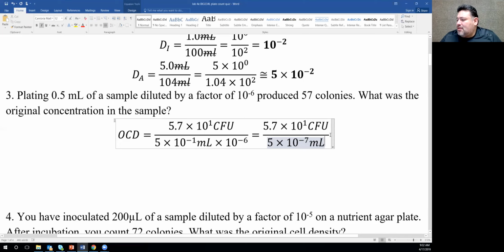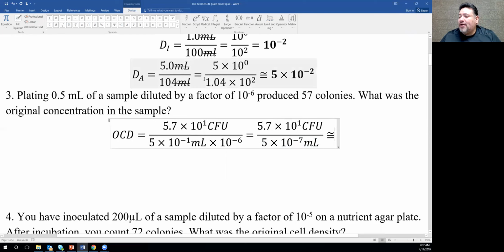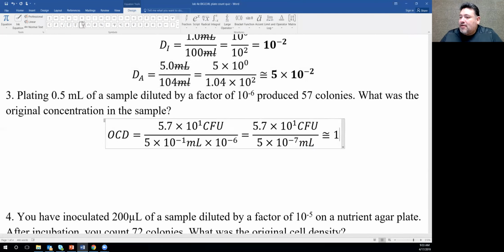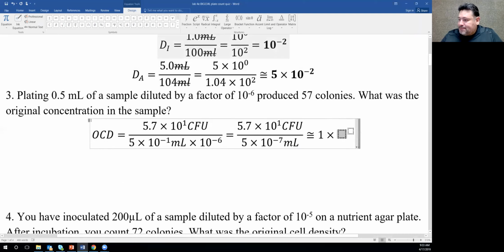And now we'll do our calculations. 5.7 divided by 5, suspiciously close to 1. Even if you take your calculator, 5.7 divided by 5, 1.14. 1, close enough, okay? 1 times 10 to the what?